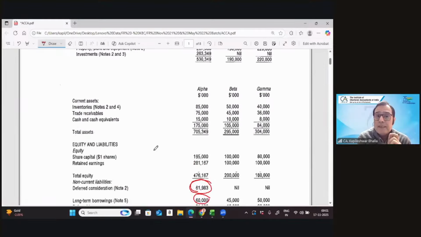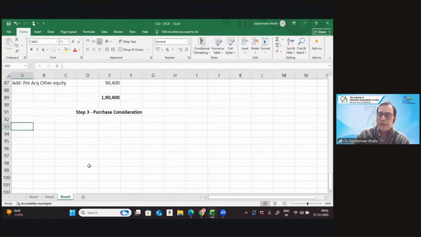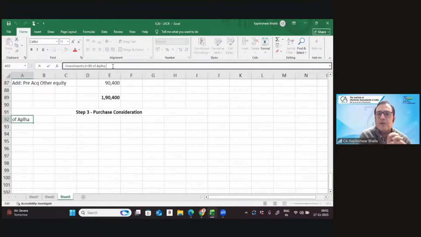If you look at the investments in the balance sheet, it is appearing at 263,349. So let me note down the investments in the balance sheet of the parent company, that is, I guess, Alpha. We'll try to reconcile the inputs.